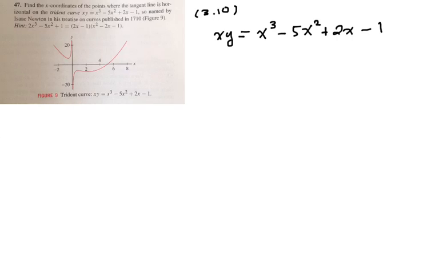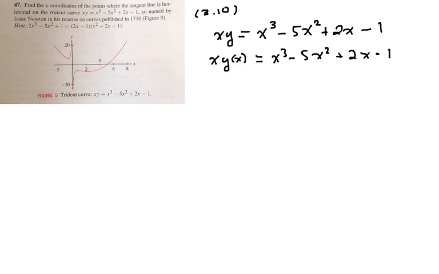So we want to take the derivative of both sides of this equation with respect to x. When we do this, remember that y is a function of x. When we take the derivative of the left-hand side, we first need to use the product rule because we have a product of two things, x and y.